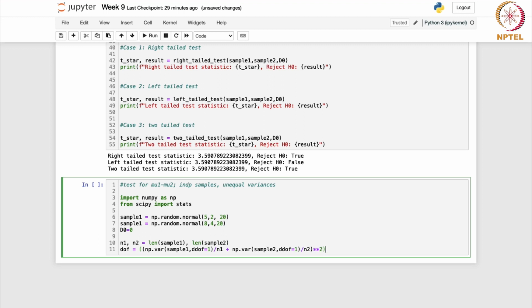Now you have to divide it by, again, the np.var thing. So this is sample variance s1 square over n1, whole raised to the power 2, and this whole will be divided by your n1 minus 1 also.